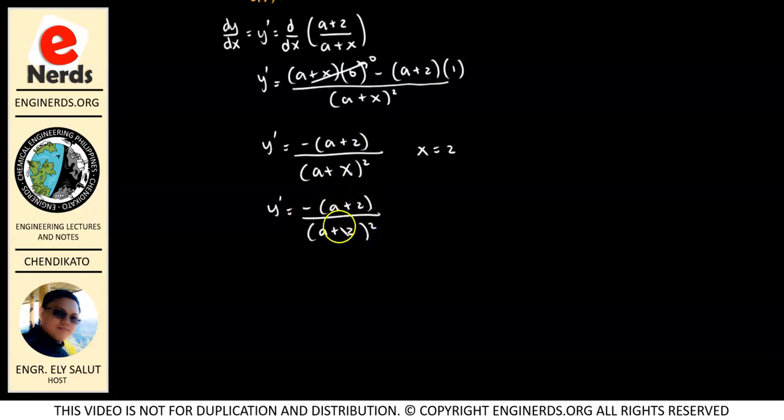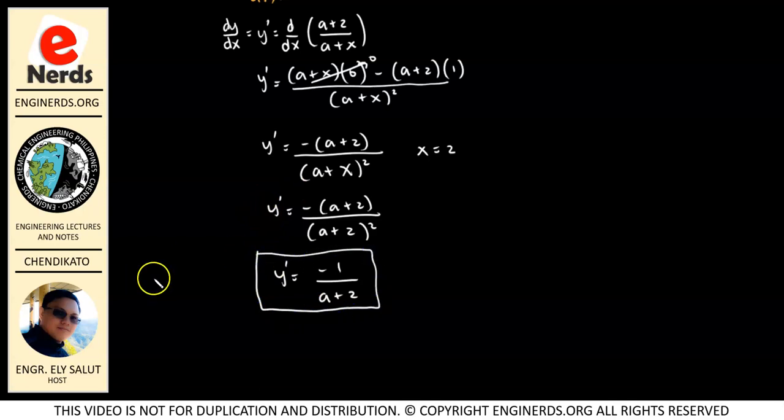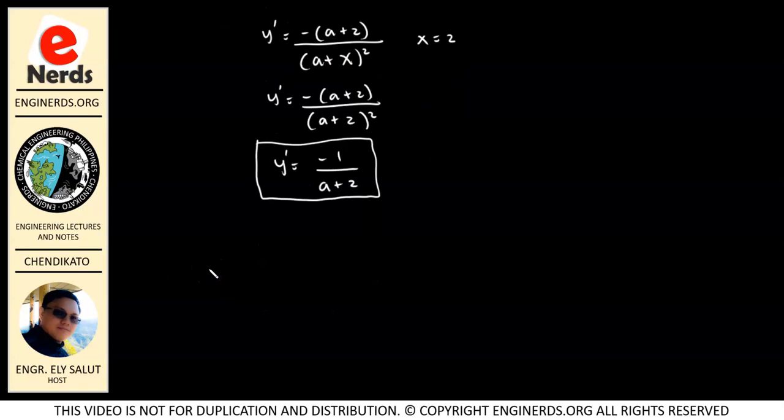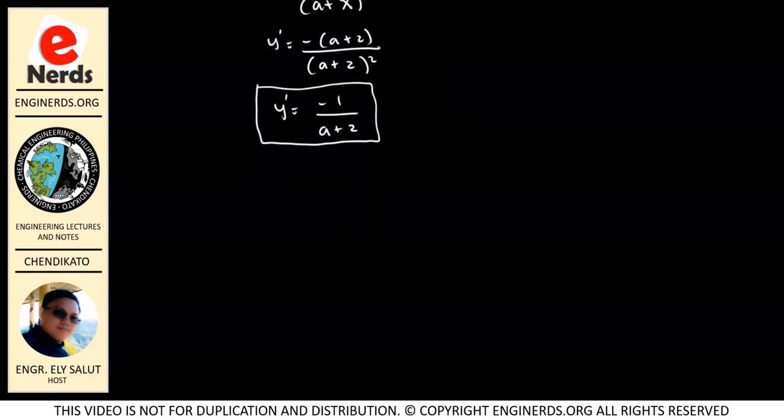So we can divide this and we'll have y prime is equal to negative 1 over a plus 2. So this is our final answer for this problem. Now let's go to problem number 20.